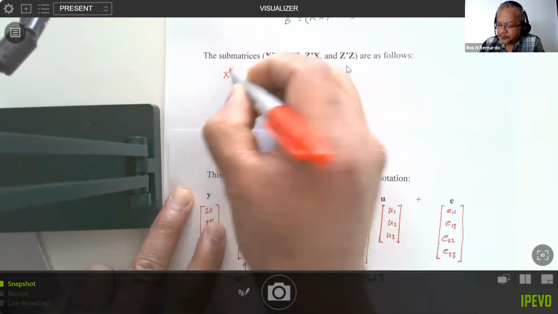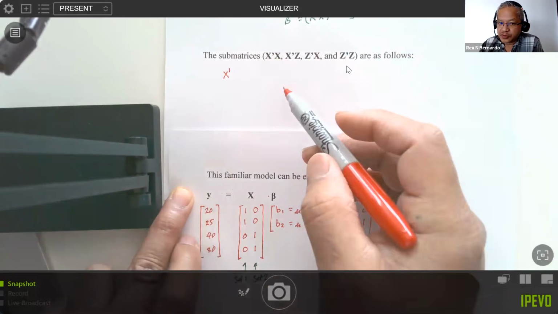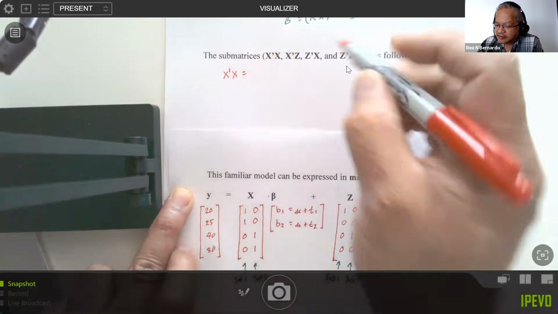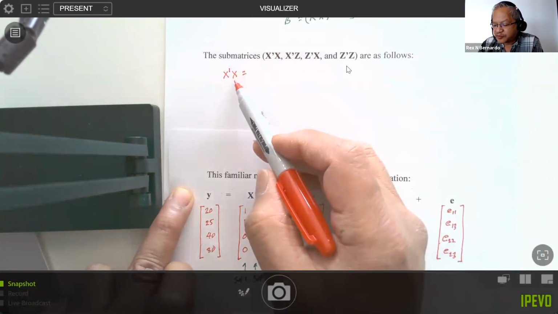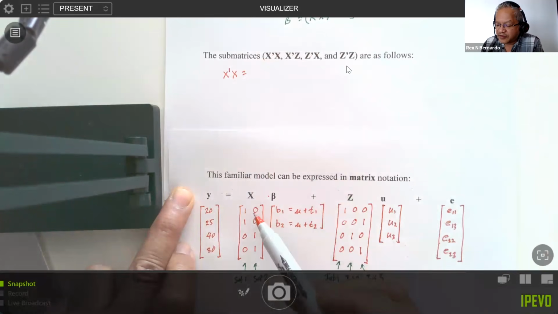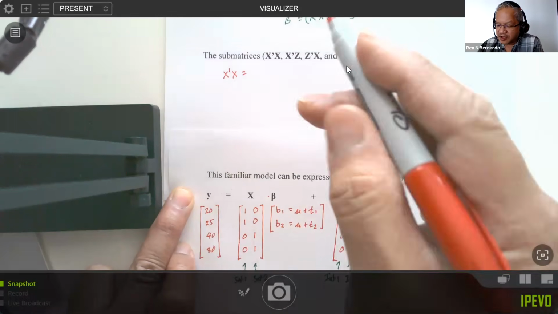X prime is equal to, not the inverse, the transpose of X. We just exchange the rows and columns. So if X was 1, 0, 1, 0, 0, 1, 0, 1, we just flip it to its side, if you would.